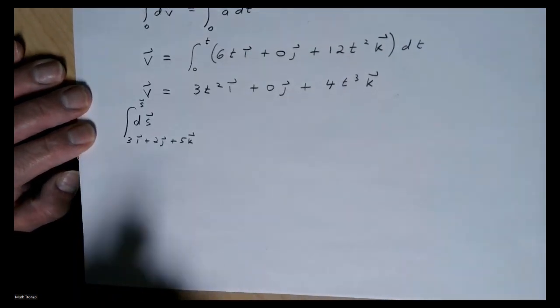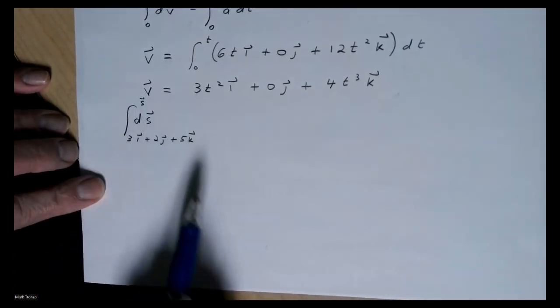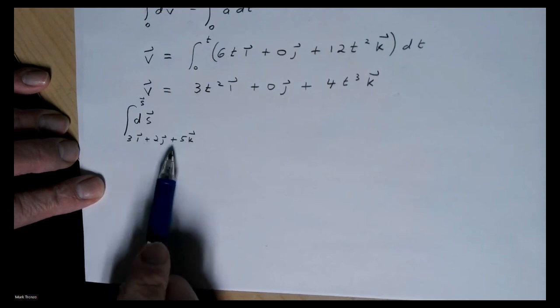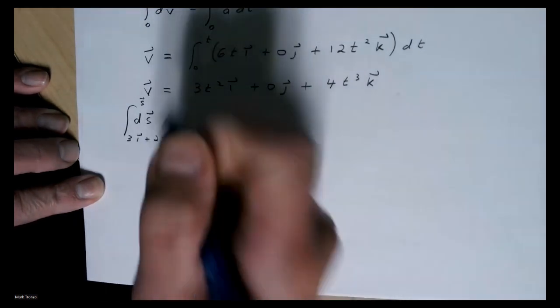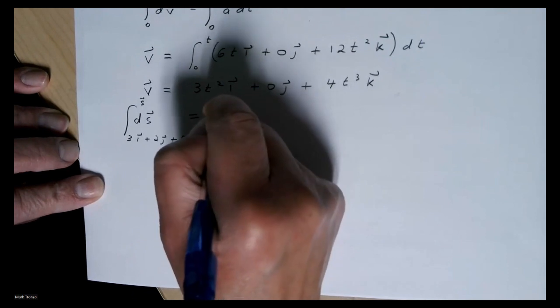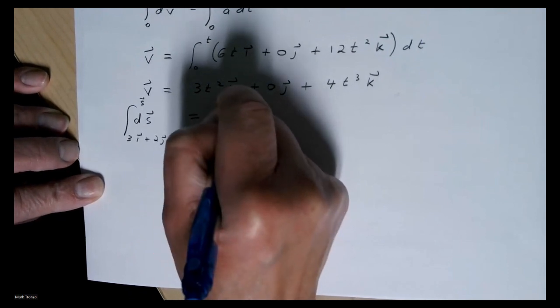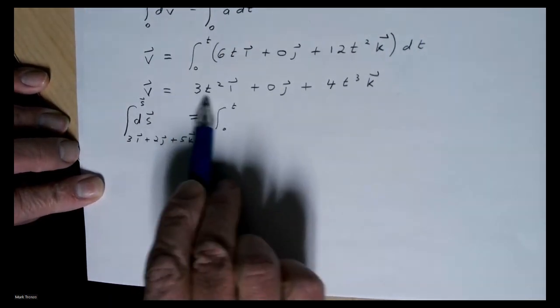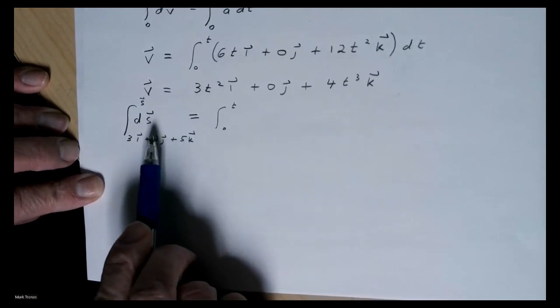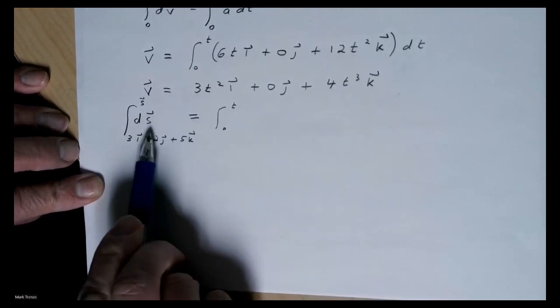So this time we'll have to have something on the bounds on the left-hand side because we're not starting at point 0. So once again, we'll integrate each term, 0 to t. Remember, the integral of velocity will give us position.